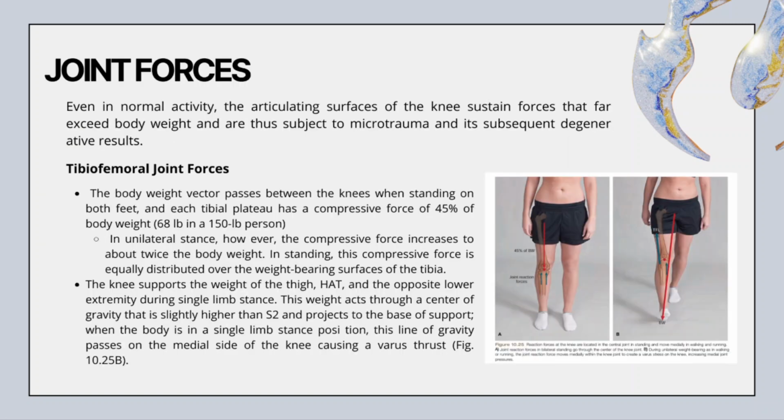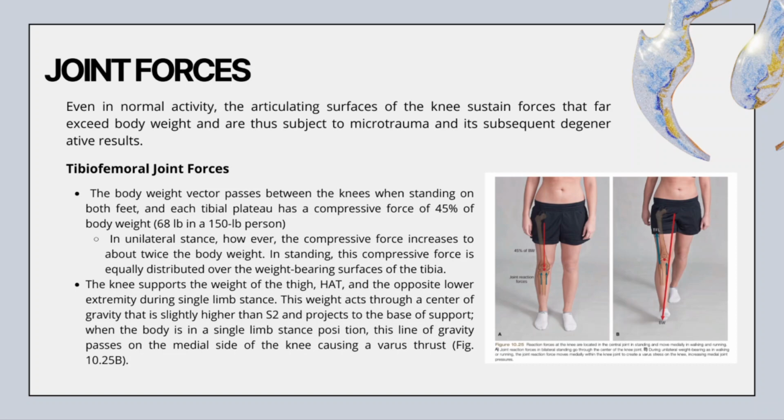So next we have joint forces. Even in normal activity, the articulating surfaces of the knee sustain forces that far exceed body weight and are thus subject to microtrauma and its subsequent degenerative result. Tibiofemoral joint forces.